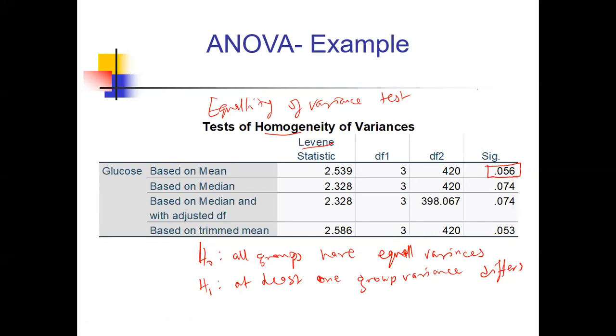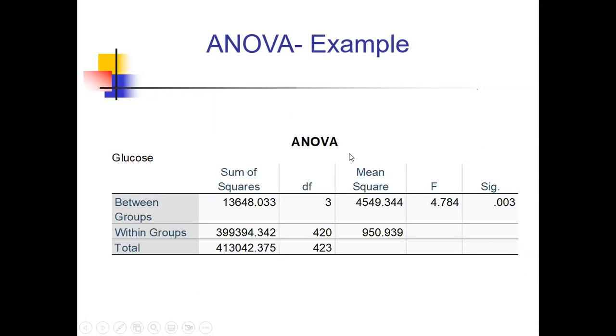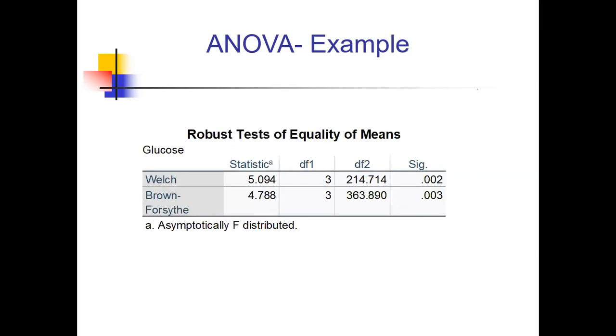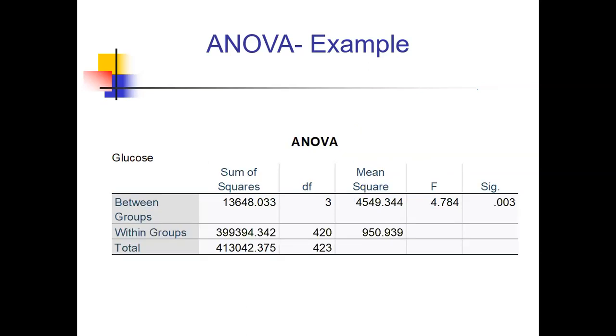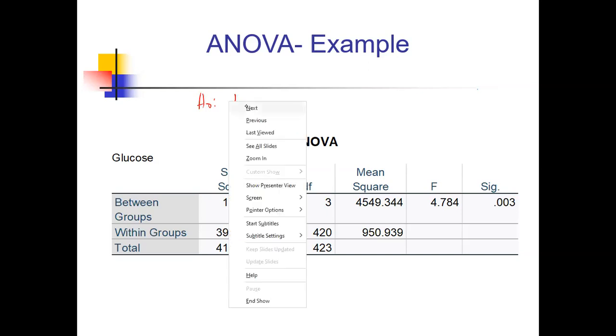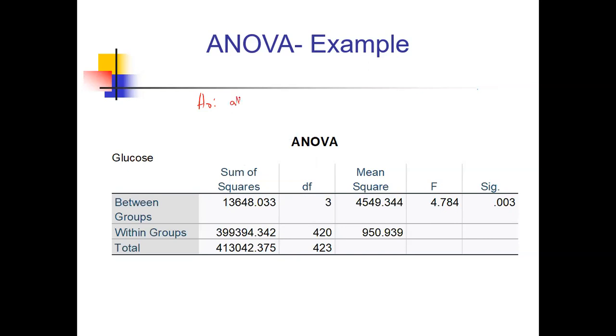And these tables are telling us, in general, and we're going to write the null hypothesis again. This table here, the ANOVA table, and the robust test of equality of means table is simply testing the null hypothesis that all group means are equal. That is the null hypothesis. And remember the alternative hypothesis, where we wrote it also in words, right?